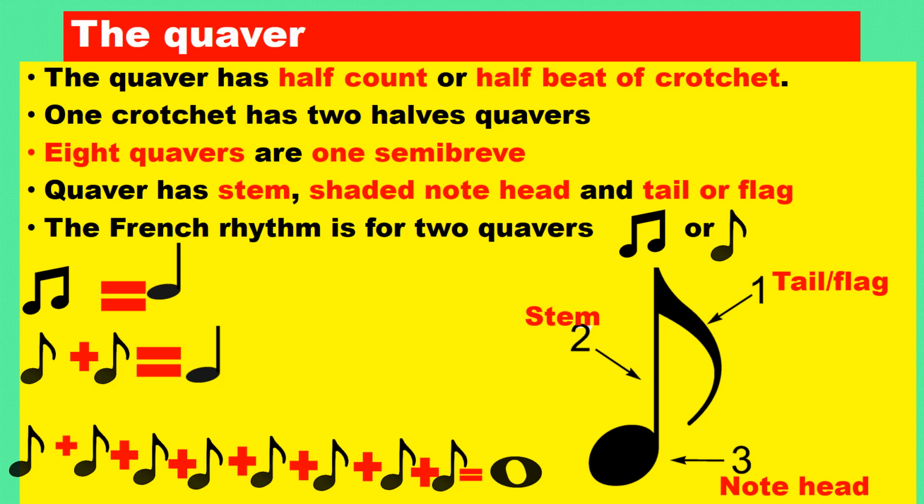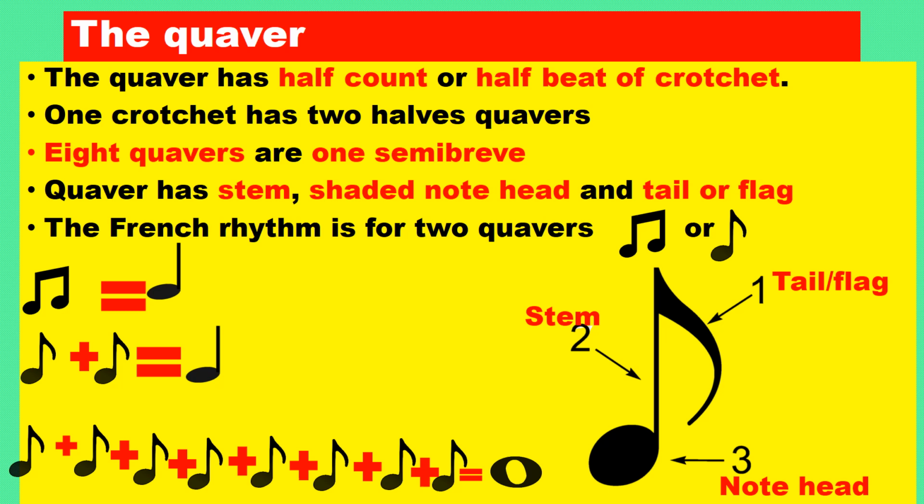The French rhythm of 2 quavers is that you only clap once and say ta-te, ta-te. That's just the beats of the quaver. So 2 quavers form a crotchet. So 8 quavers will form a semi-breve. Then 4 quavers will form a minim.